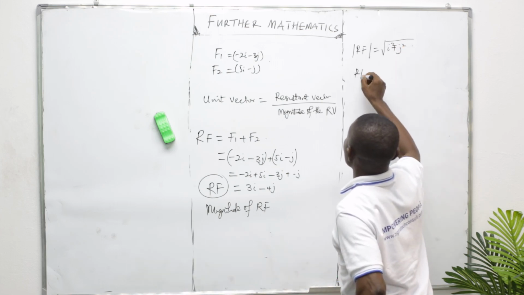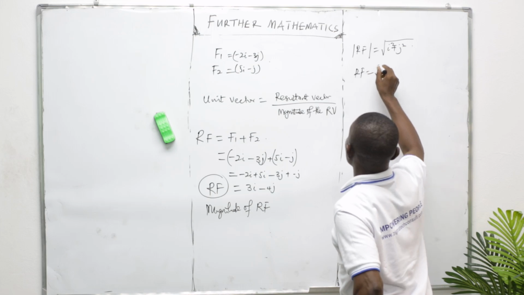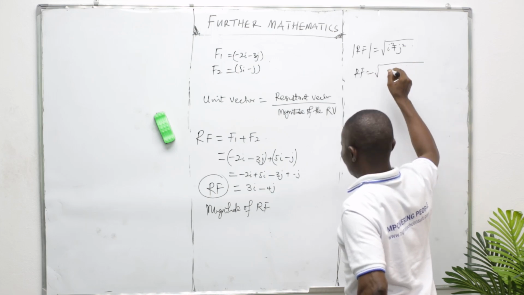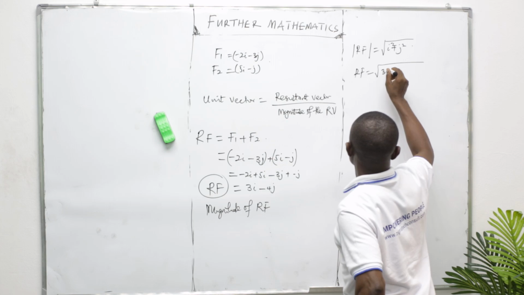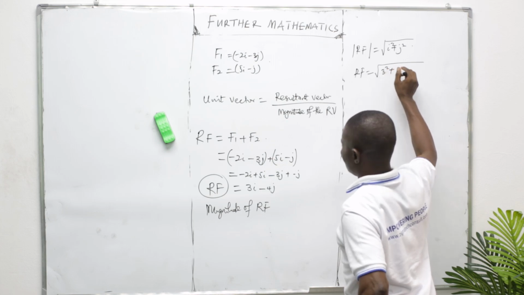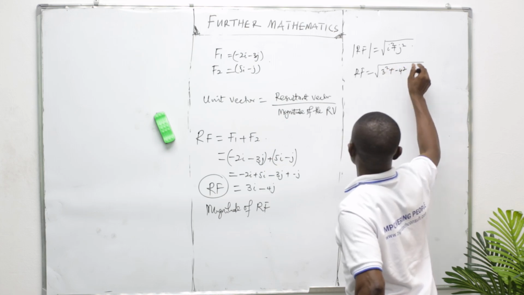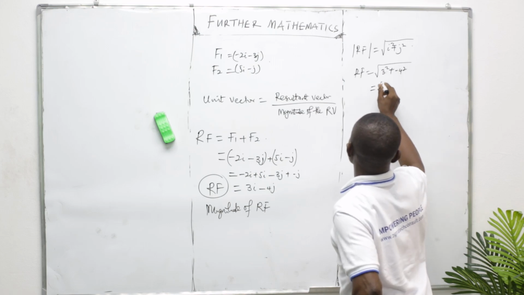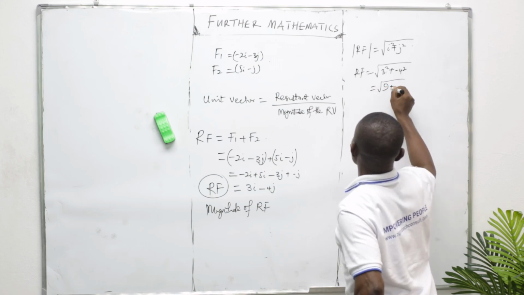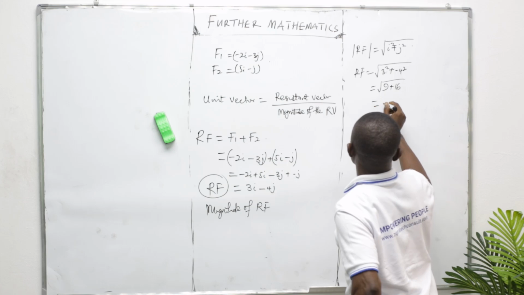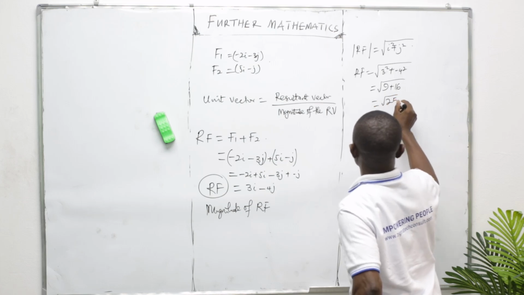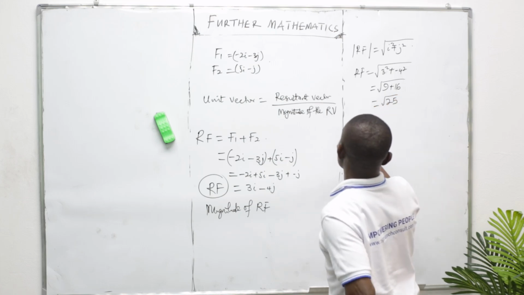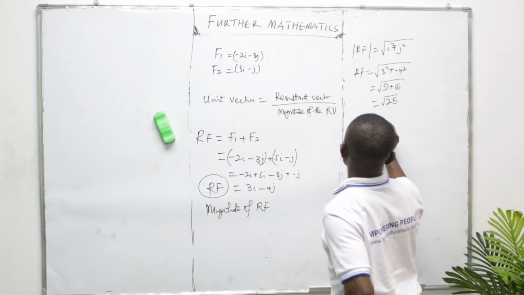That is RF equals square root of 3 square plus minus 4 square to give us 9 plus 16 to give us root 25. So RF equals who? 5.